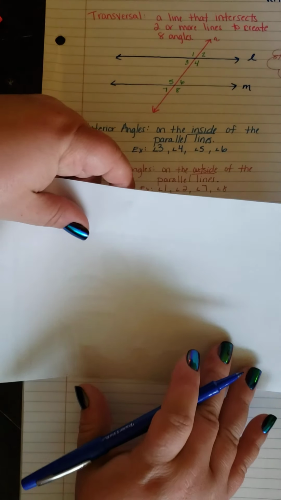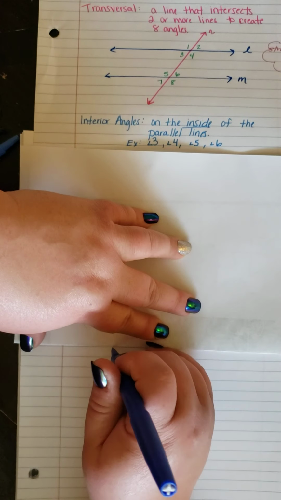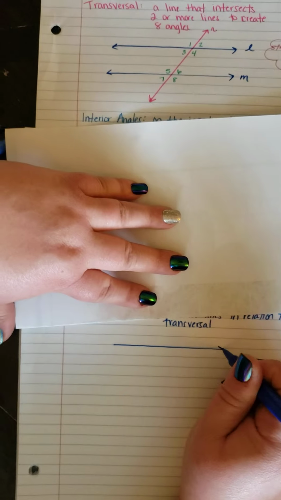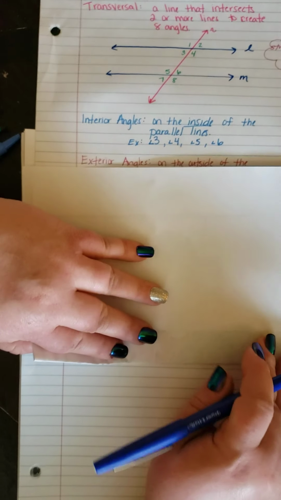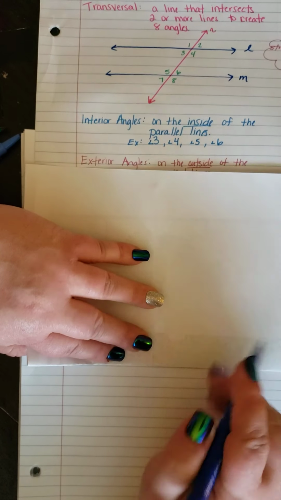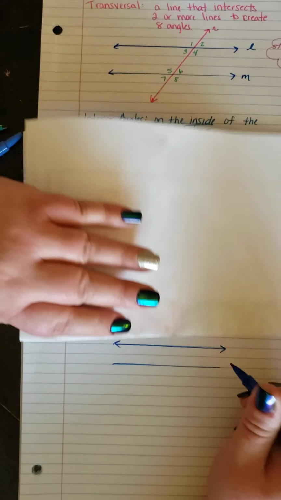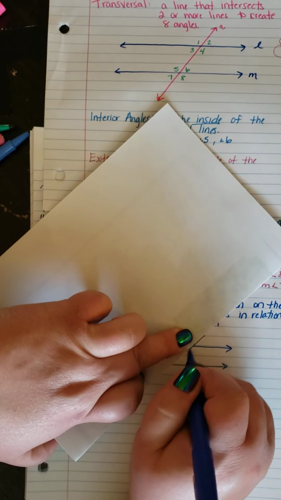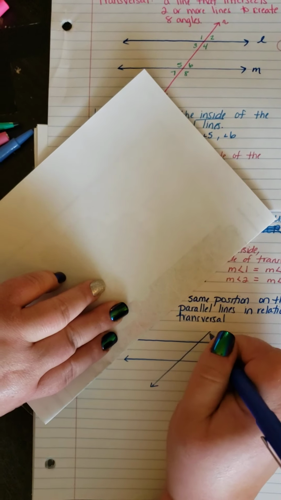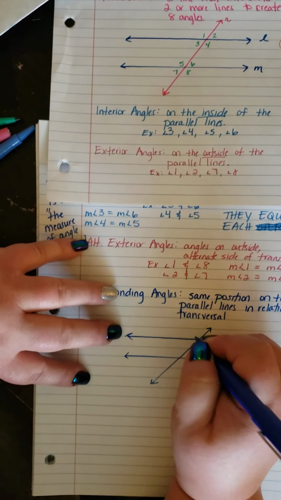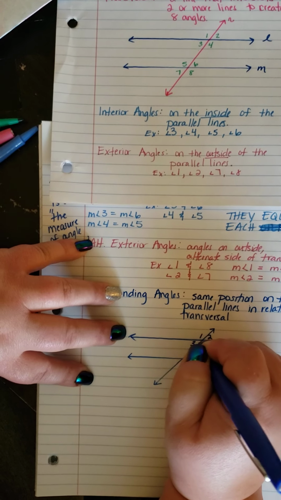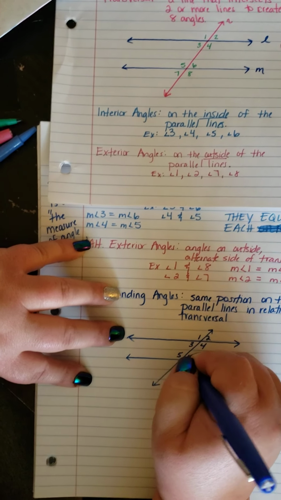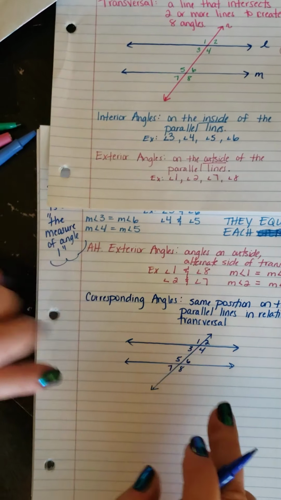Good grief. So I'm going to actually draw a new picture down here because it will be easier to see. Line, line, transversal. And labeling it exactly the same as my other one. Okay.